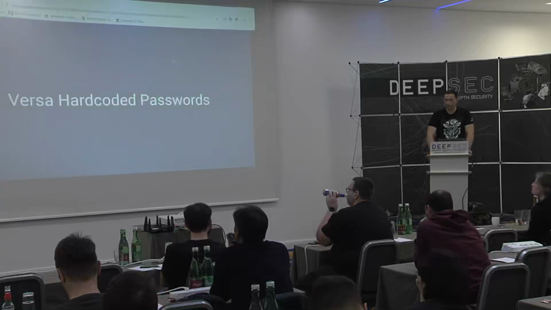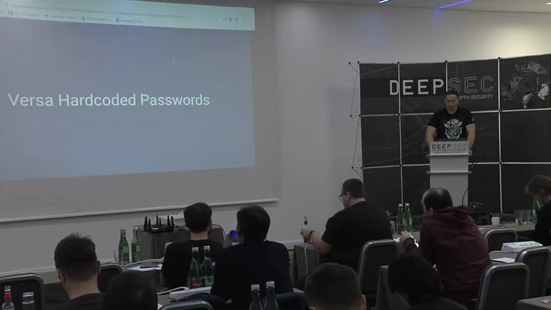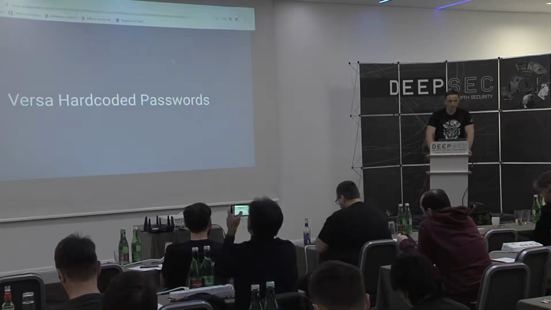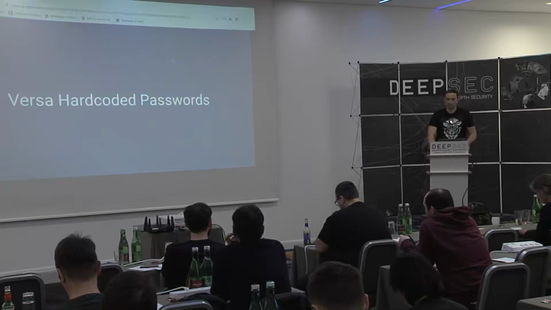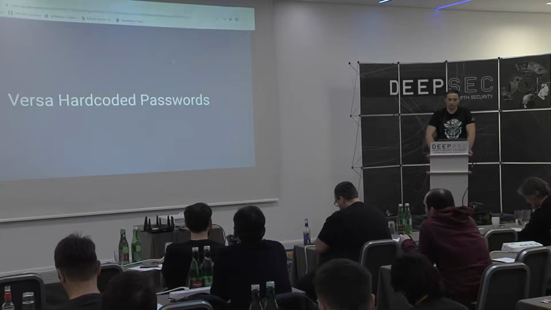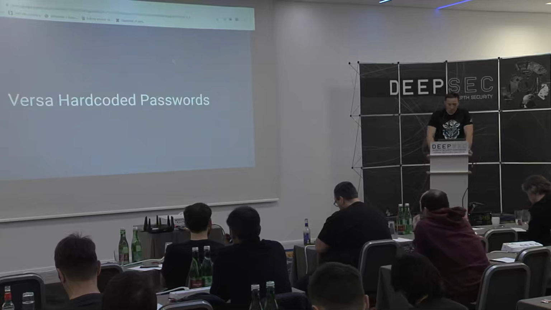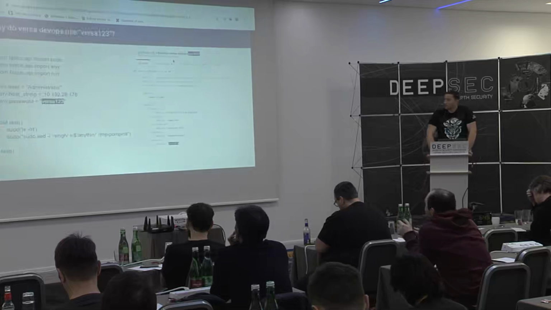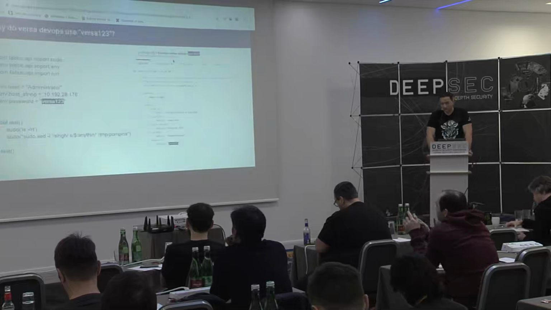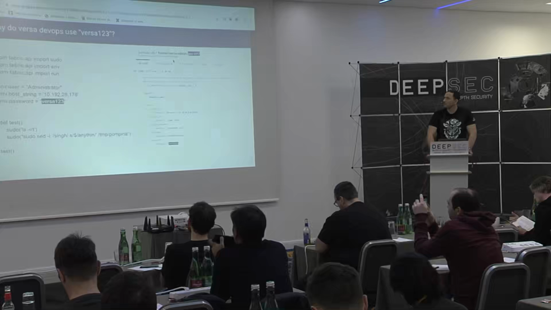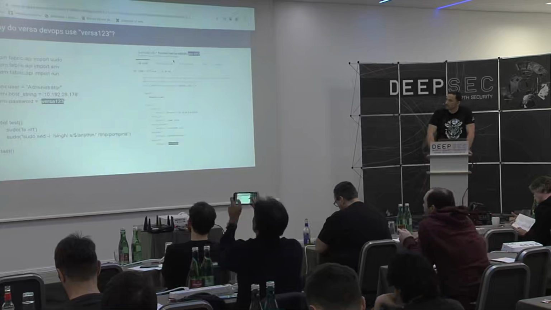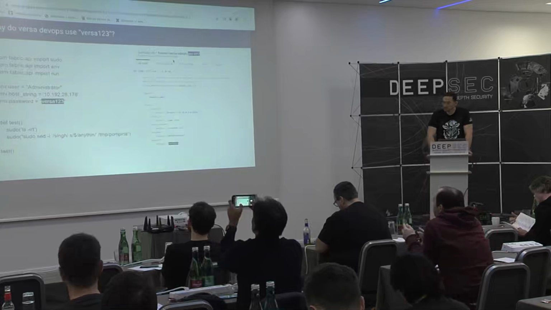The next vendor, Versa. It should be noted that Versa is a reference SD-WAN product for many SD-WAN startups, for many SD-WAN developers. The same feature here. This is a script on GitHub, and a developer is using the password Versa 123.